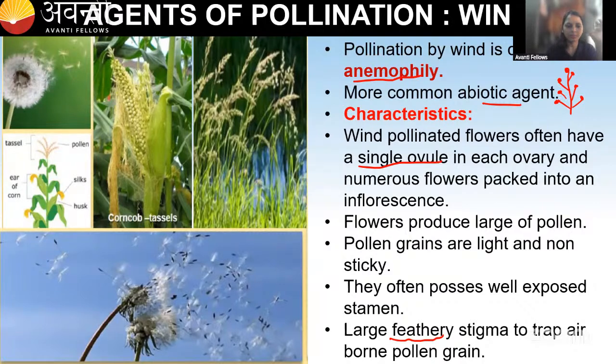Just remember that. Here you can see in the diagram. You can mainly see this type of pollination in rice, wheat, and also in the corn cob. You can see wind pollination.